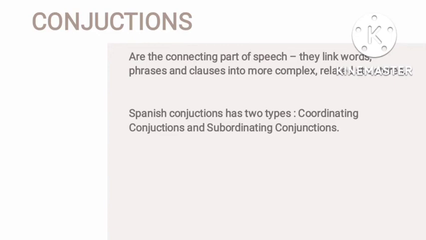The fifth lexical category of the Spanish language is the conjunctions. Conjunctions are the connecting part of speech. They link words, phrases, and clauses into more complex, related structures. Also, Spanish conjunctions have two types.